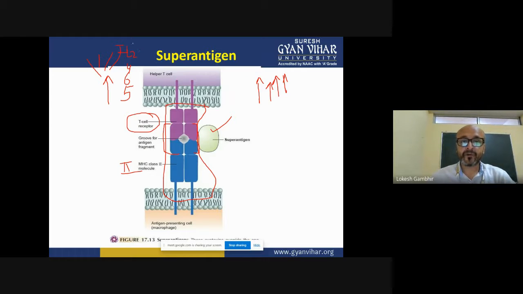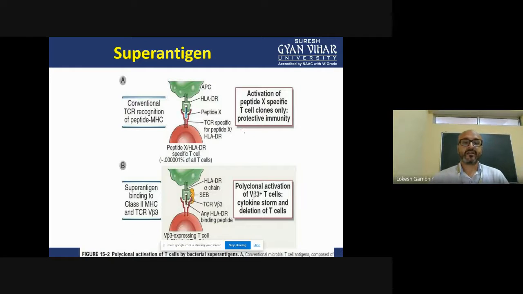So instead of producing, let's say, 10 molecules of IL-2, it produces 100 molecules of IL-2. So your body is getting a storm of cytokines. This condition is called a cytokine storm, because the immune cells are now hyperactivated, and those molecules that induce this hyperactivation, that induce these cytokine storms, are called super antigens.